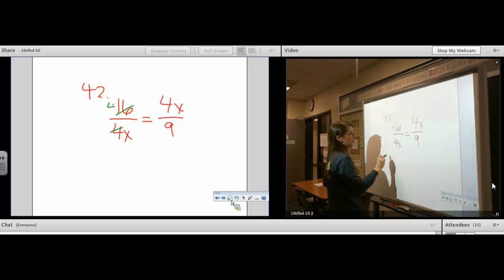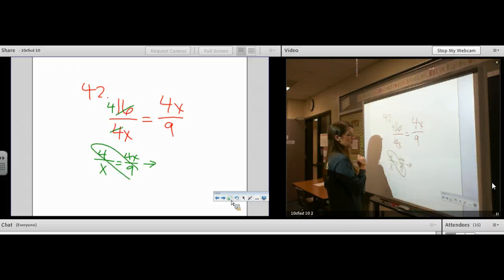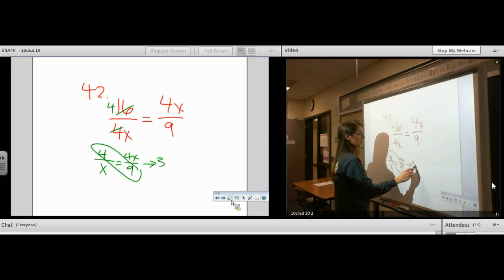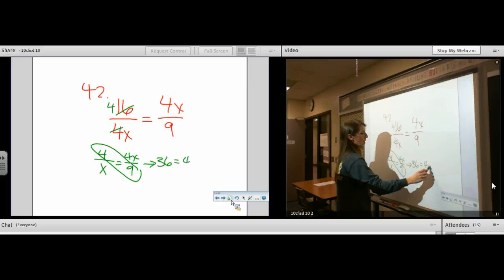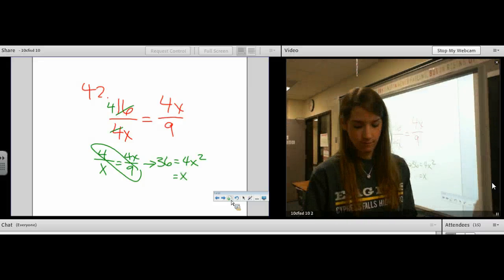It's 4. So now we've got 4 over x equals 4x over 9. This is just an option. And now we can cross multiply. 36 equals 4x squared. Divide by 4. And is it a pretty number?